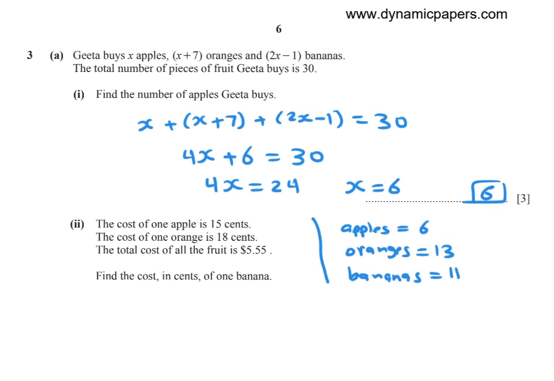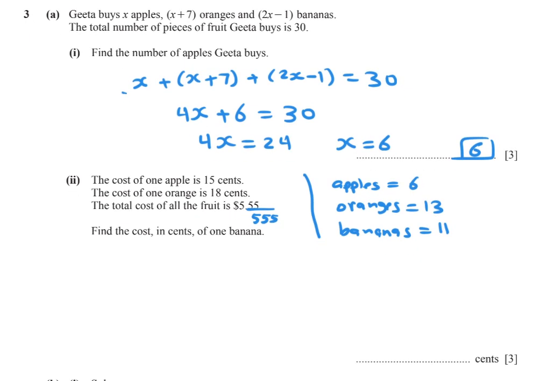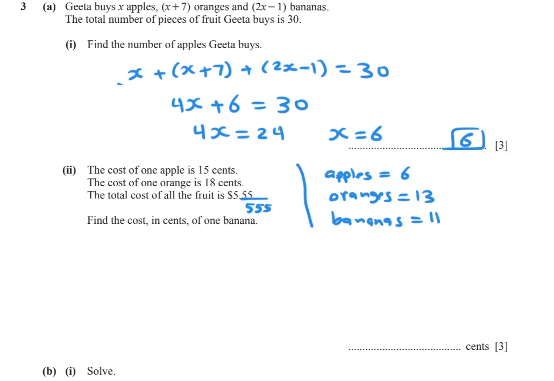And the total cost is $5.55. If we convert to cents, it will be 555. This is the total cost in cents. Then we write the equation for the total cost of all.